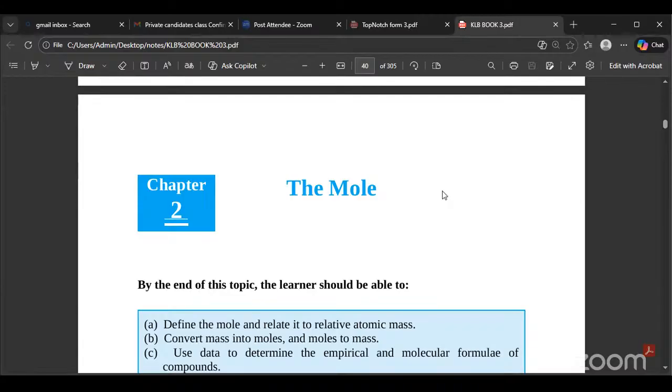Now, when you were in Form 1, I don't know if you still remember, there was a topic in physics where we were talking about measurement. We have 7 quantities of measurement.